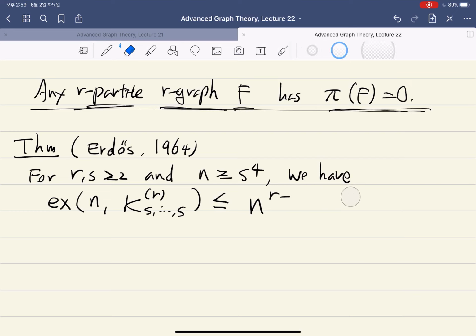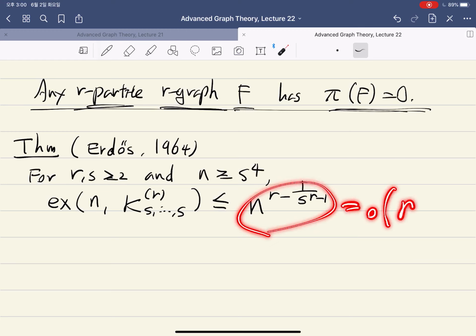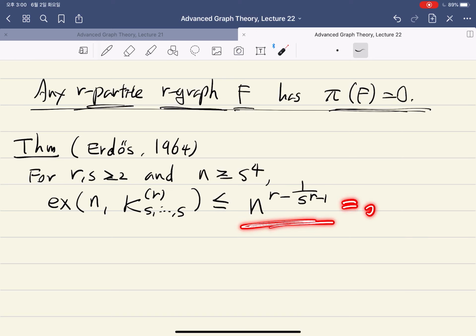So for fixed S and R, this is little-o of n to the R, which is growing much smaller than n to the R.